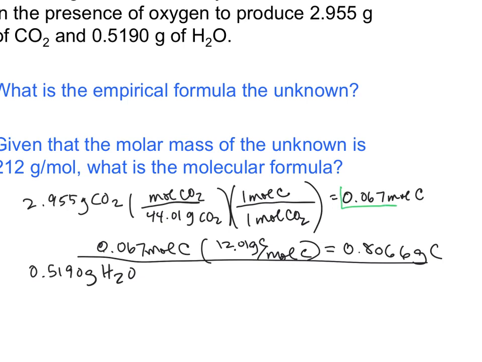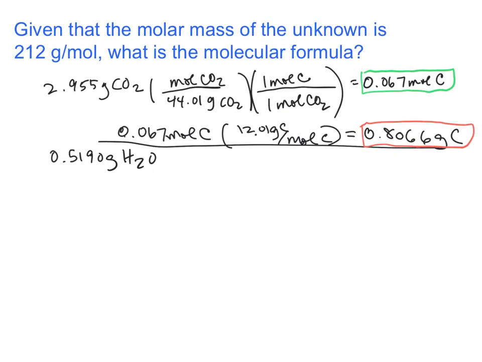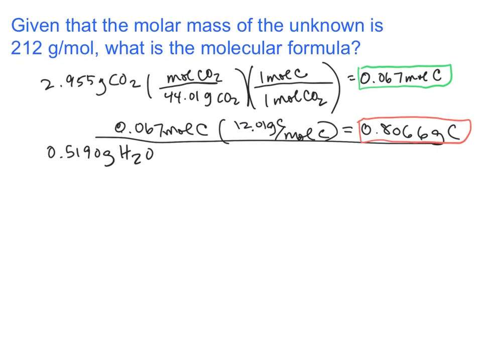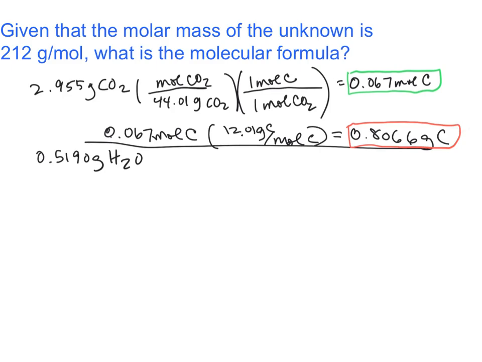I'm going to put my moles in green and my masses in red. And I recommend that you do something like this so that you don't confuse them. In the end, you're going to have moles for carbon, hydrogen, oxygen, mass for carbon, hydrogen, and oxygen. You got 6 numbers on your paper, and it's very easy to mix them up, pick one for the other, and so on.